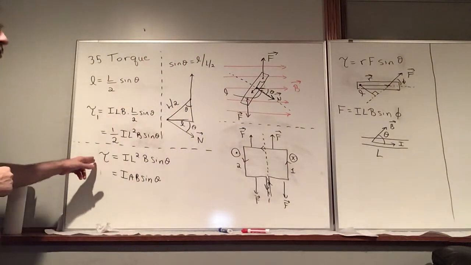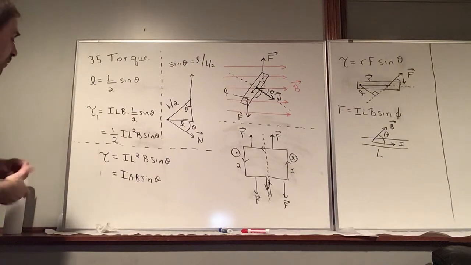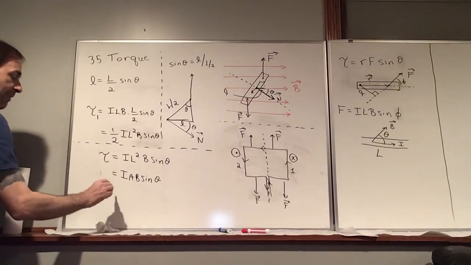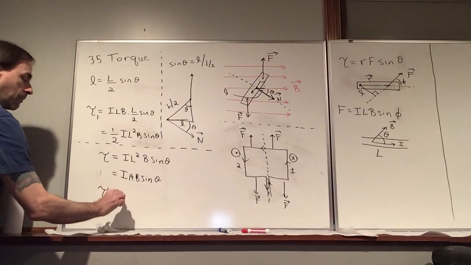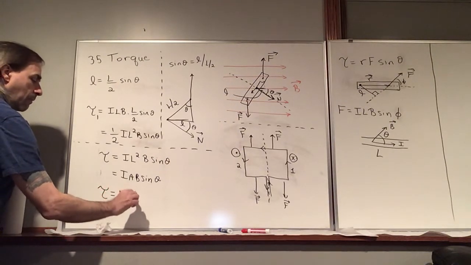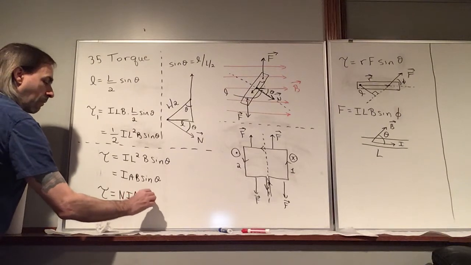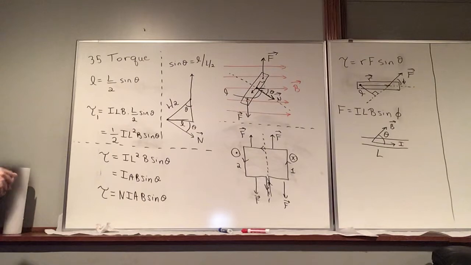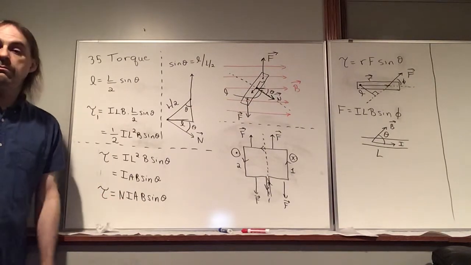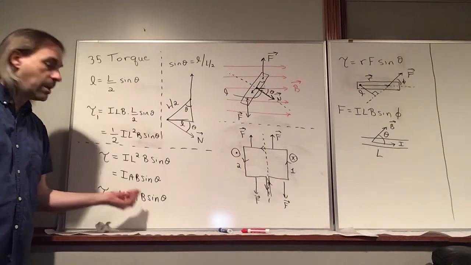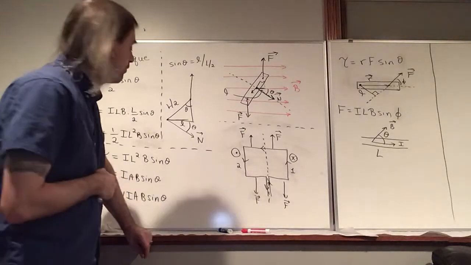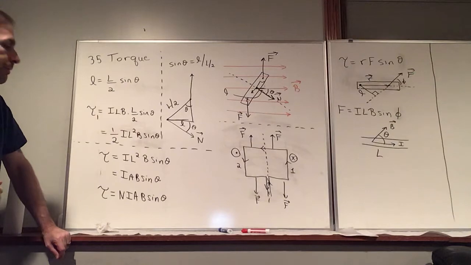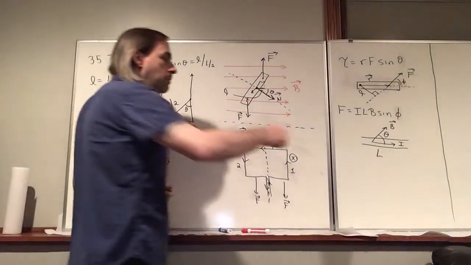So again, this would be the torque on a single loop. If we had a lot of loops, or let's say we have N loops, then the torque would just be N, the number of loops, times the torque on a single loop. And we're going to define something now. I'm going to write it down.